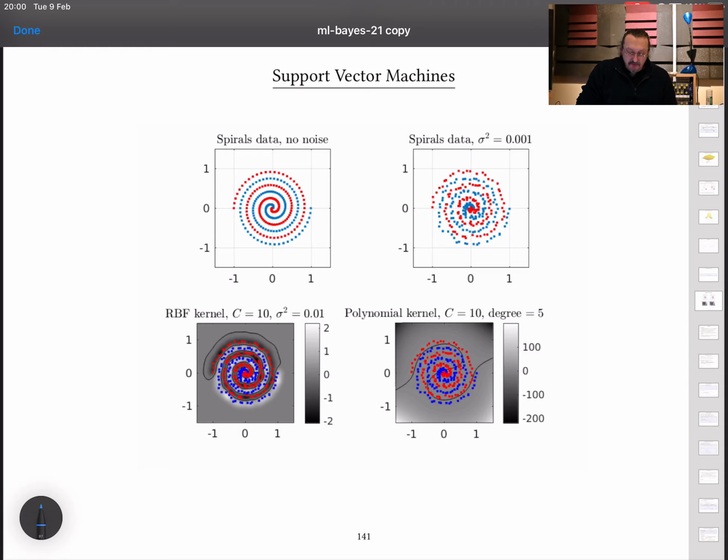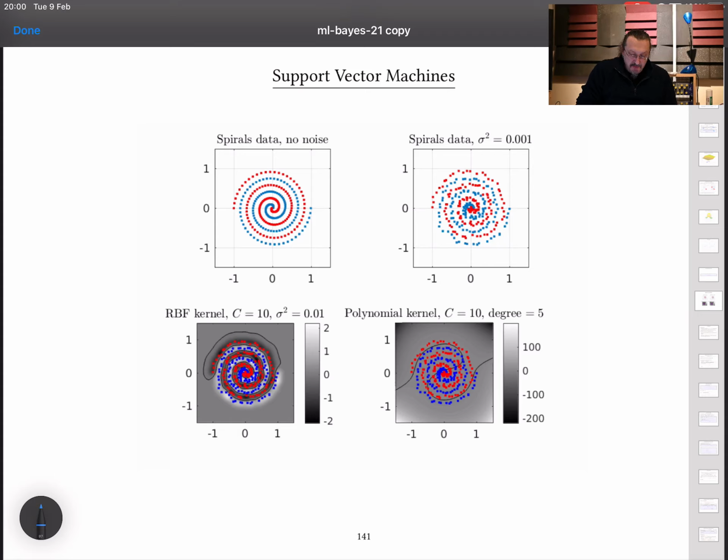At the bottom of this slide, on the left, we have the result of training a support vector machine using the RBF kernel mentioned at the end of the last lecture, with this new C parameter set to 10, and with sigma squared, which was the width of the RBF kernel. If you wind back to that slide and just look at the definition, you find it there.